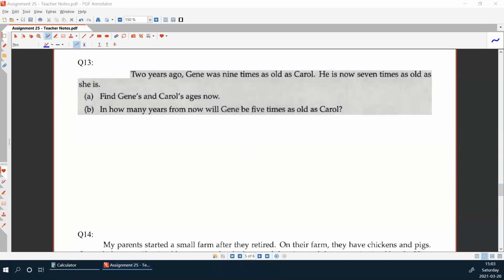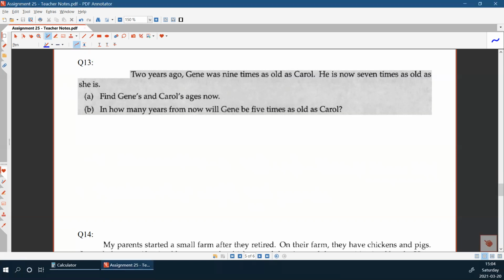Okay, so here, how many unknown quantities are there? There are 2 unknown quantities, right? One of them is Jean's age, and the other one is Carol's current age. So let's use 2 letters to denote the 2 unknown quantities.